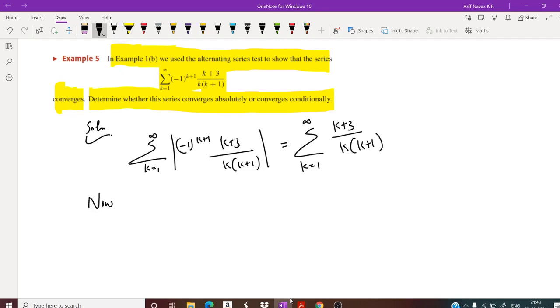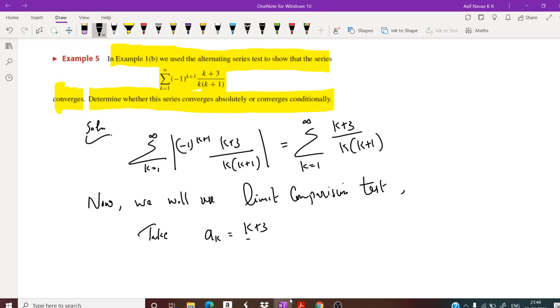Now we will use the limit comparison test to show whether the series is convergent absolutely or conditionally. So for that I take ak equal to k plus 3 divided by k into k plus 1, and bk equal to 1 by k.